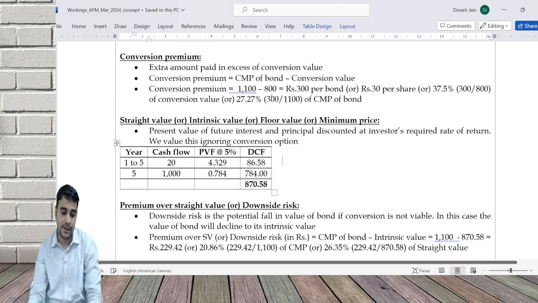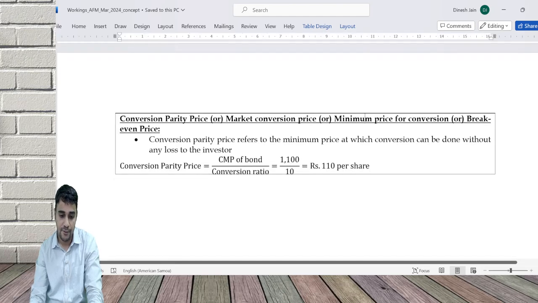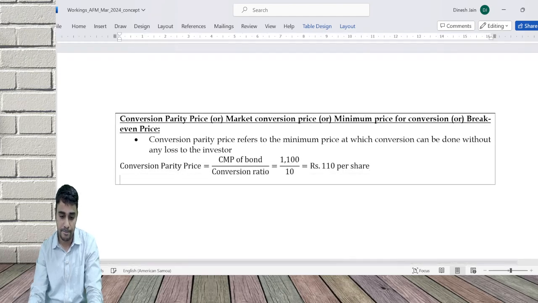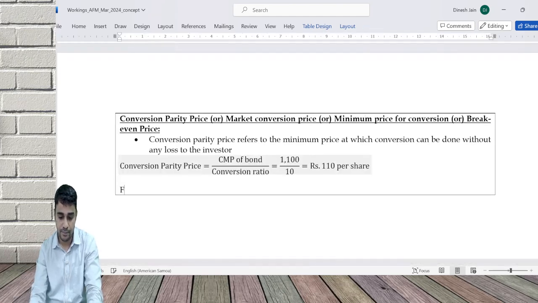Now write: favorable income differential.